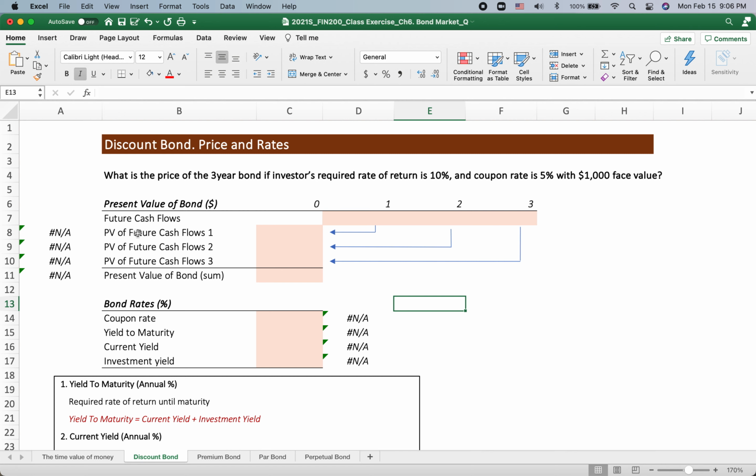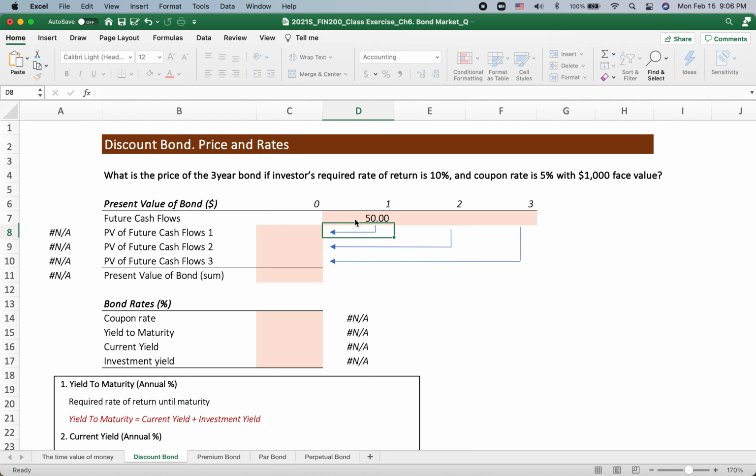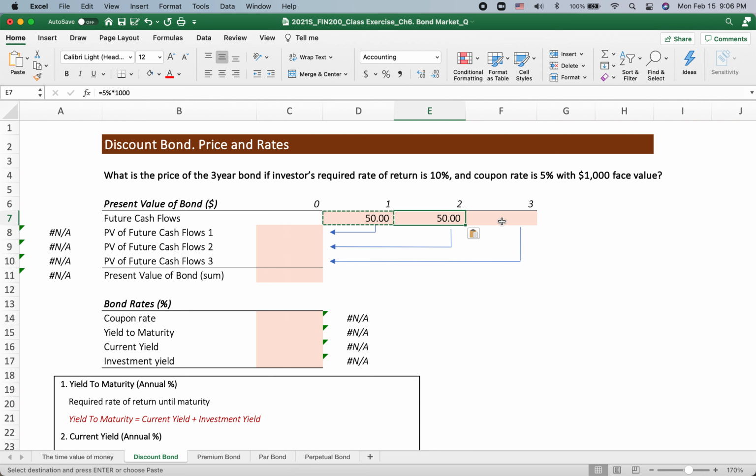Then we first have to measure the future cash flows provided by this discount bond. So how do you get the future cash flow? Every year, 5% times 1,000, this $50, is the future cash flow, right?